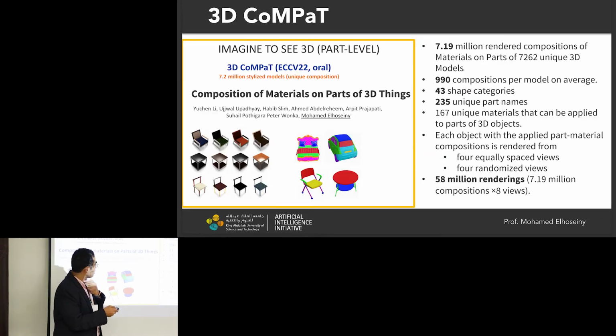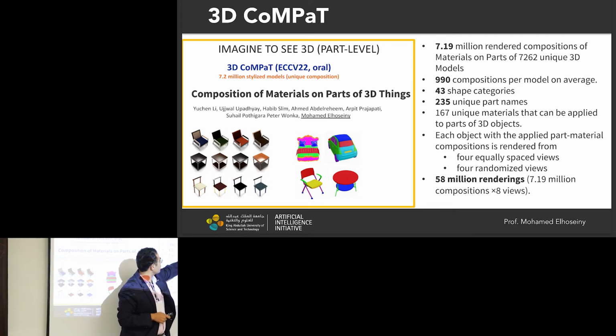The dataset is composed of 7.2 million models, and for every one of these 3D models we have 8 views, 4 equally spaced views and 4 randomized views, and 990 compositions for each of 7,000 unique shapes.